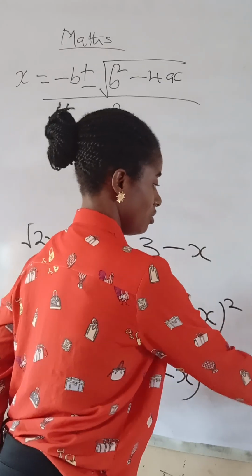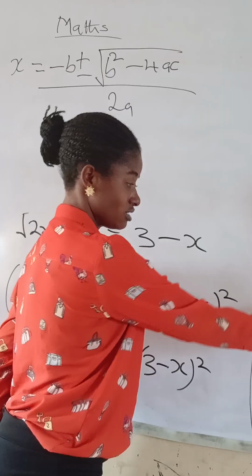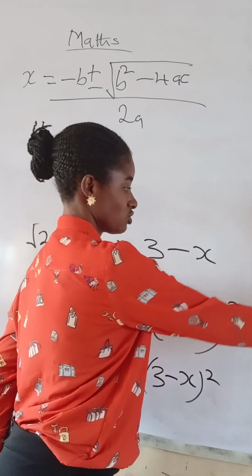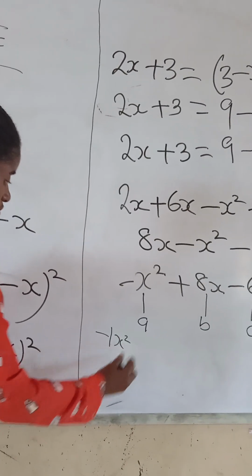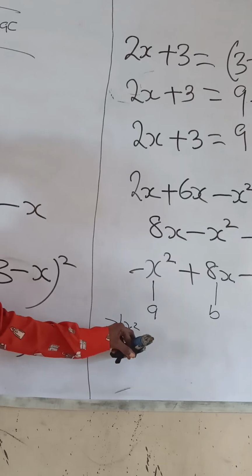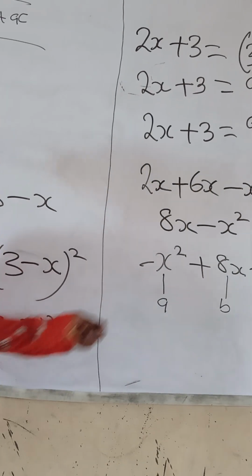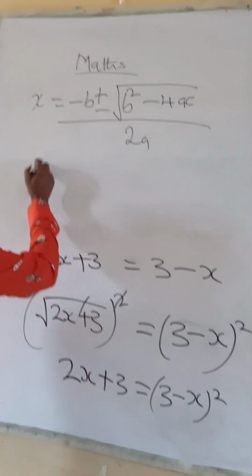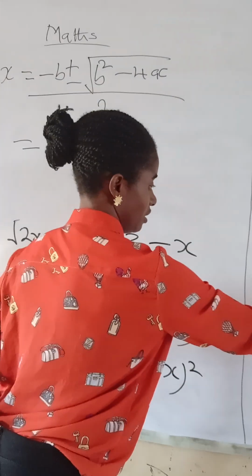So from here, where you see your a, you represent it with the number there. Here we are having x squared, which is the same thing as 1x squared. But the 1 is invisible, because anything multiplied by 1 is the same. So our b is 8.